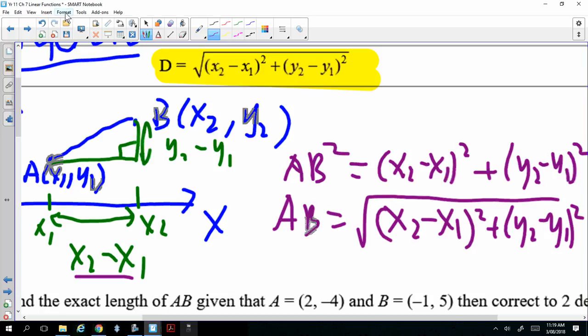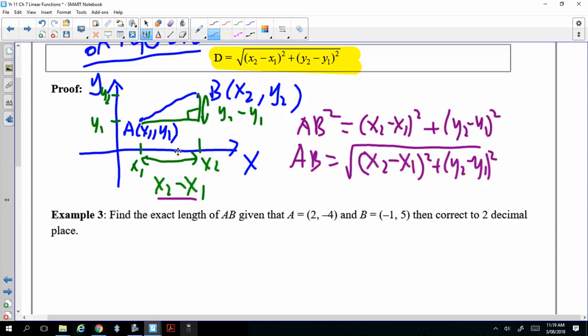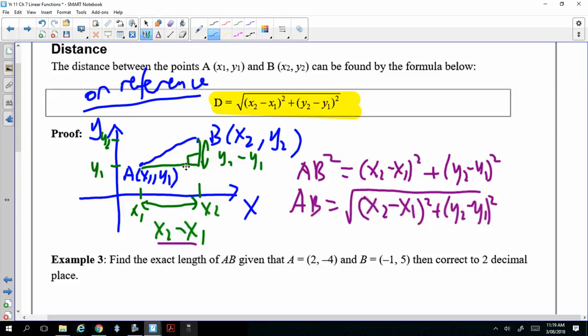You don't need to know how to prove it, but that helps you to understand where it comes from. It's more likely you will remember. It is a result of Pythagoras' theorem. This is the distance formula. So we can use this formula to do examples. Let's do some examples. Okay, write it down.